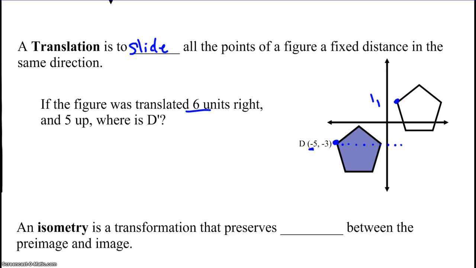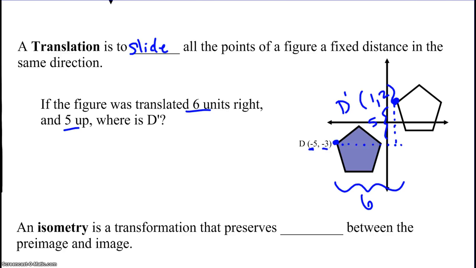And then if I go 5 upward, it was at -3, so going up 5 puts me at +2. So that's where this point D got moved to. It got moved a total of 6 units to the right and 5 units upward, and that moves it to the point (1, 2), which we're going to call D prime.